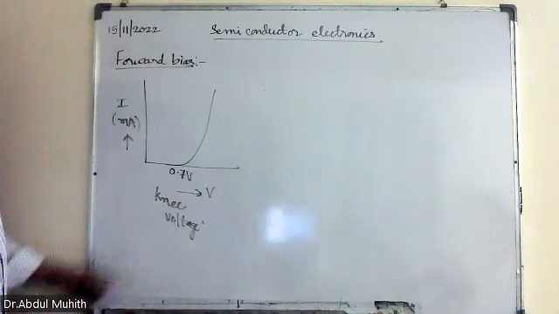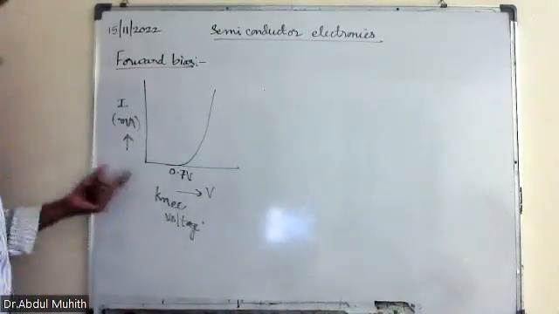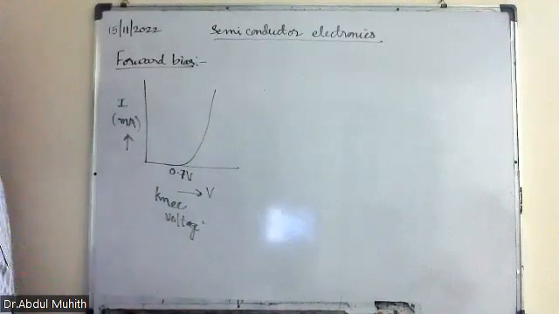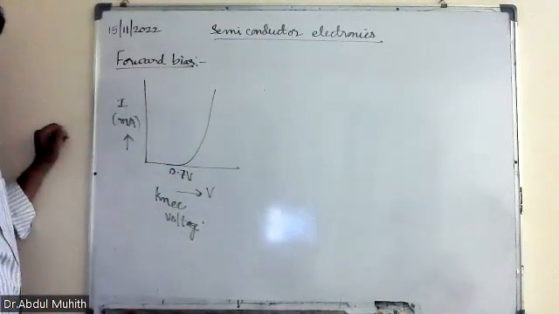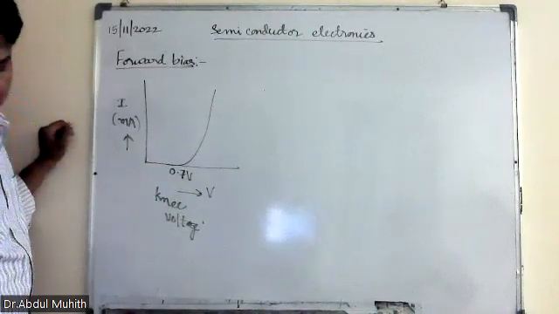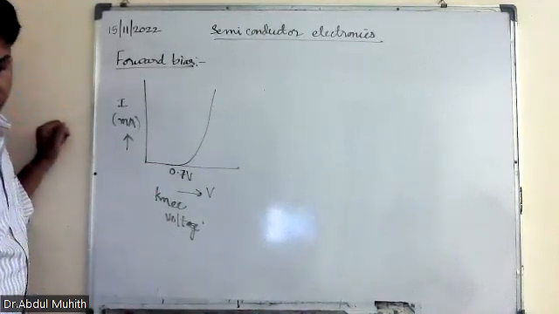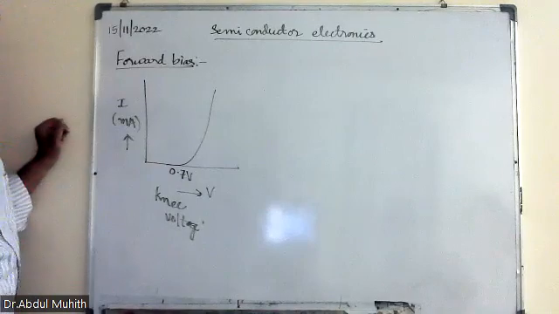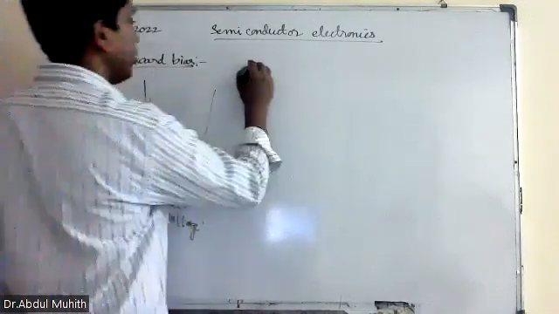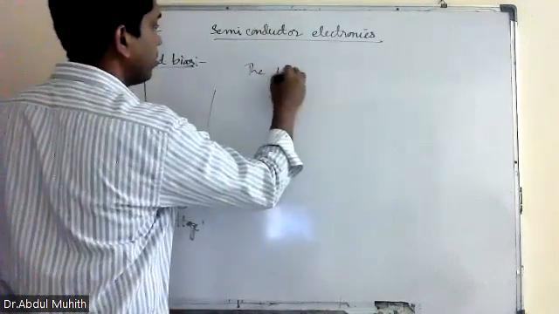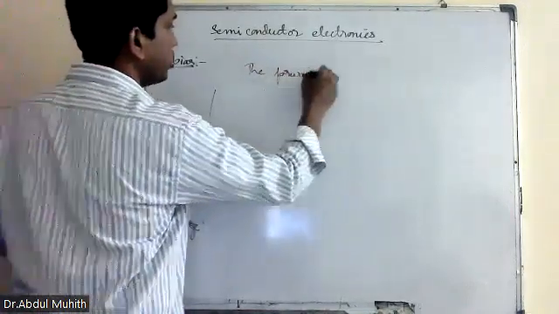In forward bias, when you apply the voltage, immediately the current will not start flowing. The current starts flowing from about 0.7 volts. This particular voltage is known as knee voltage, or threshold voltage. It is the forward voltage required to get the junction in conduction mode.